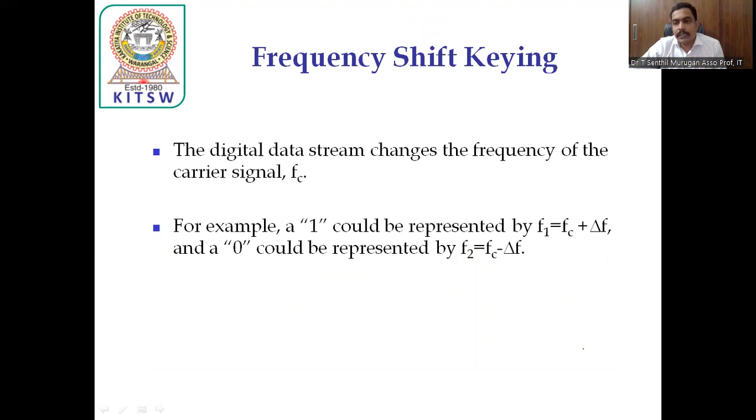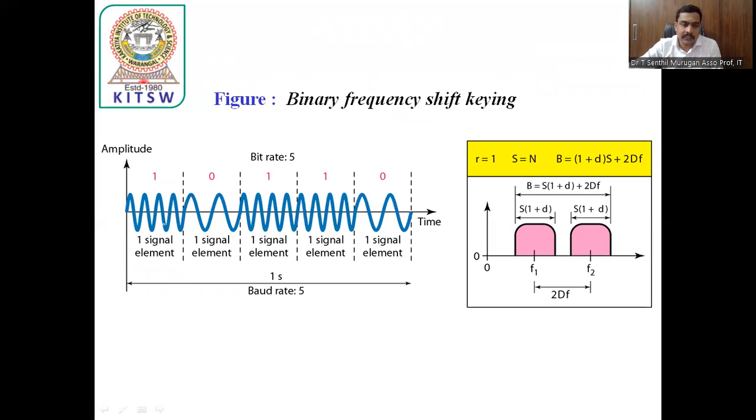In amplitude shifting, there is no amplitude while the data is 0. In frequency shifting, just see this. If the value is 1, it is represented by F1 equal to carrier frequency plus delta F. In case of 0, it is represented by F2 equal to carrier frequency minus delta F. Like that, the frequency changes in the frequency shifting technique.